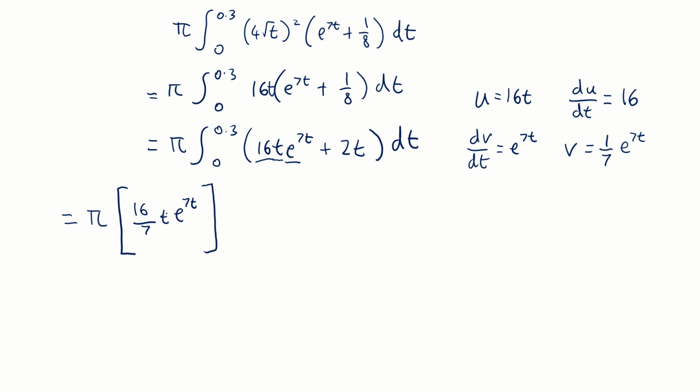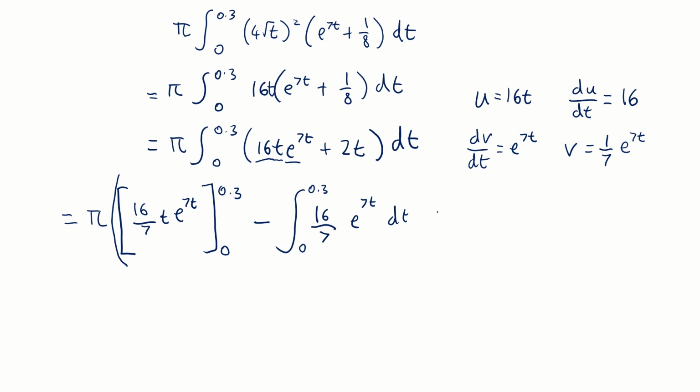And that's going to be evaluated between 0 and 0.3. We're then going to be taking away the integral of du over dt times by v, which would be just 16 over 7 e to the 7t dt, integrated between 0 and 0.3.